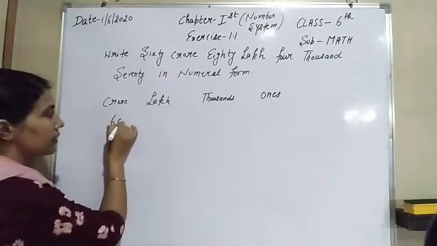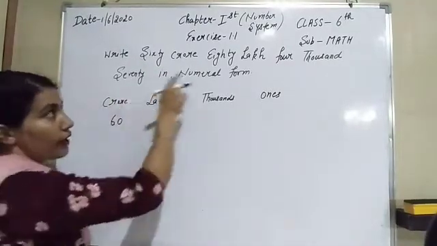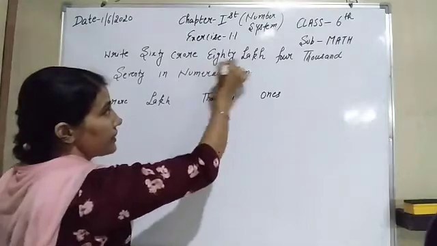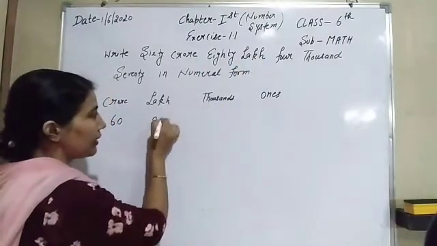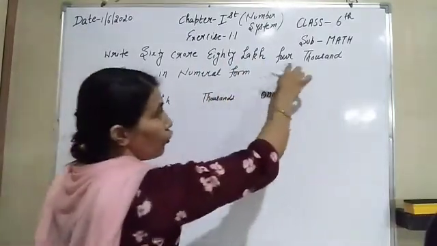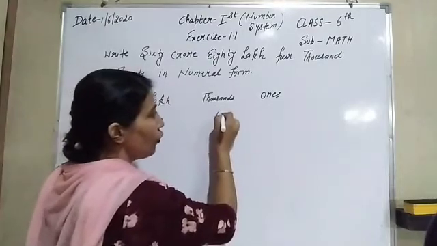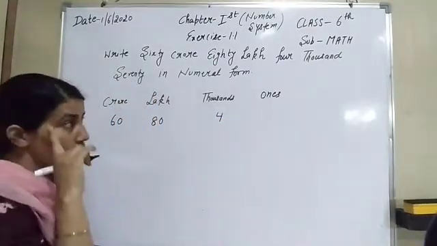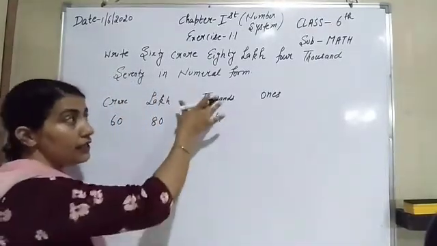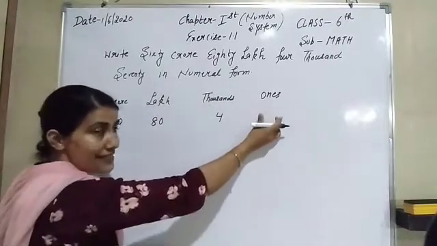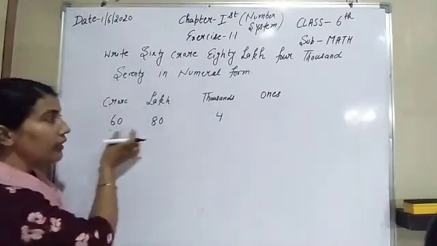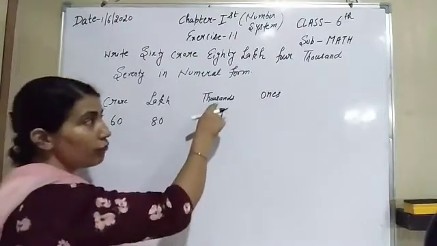Here is 60 crore. 80 lakh. Here is 80 lakh. So in lakh here is 80. Then 4,000. Now keep in mind, in the Indian number system we have 3 digits here, 2 here, 2 here and 2 here. Now here is only 4,000.